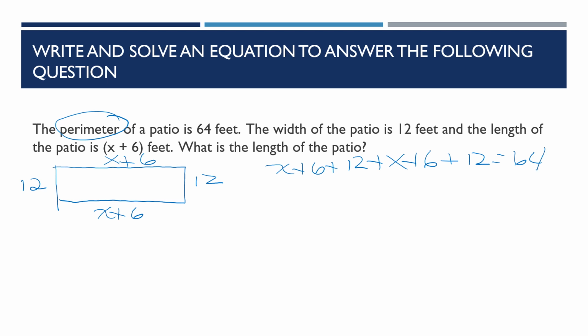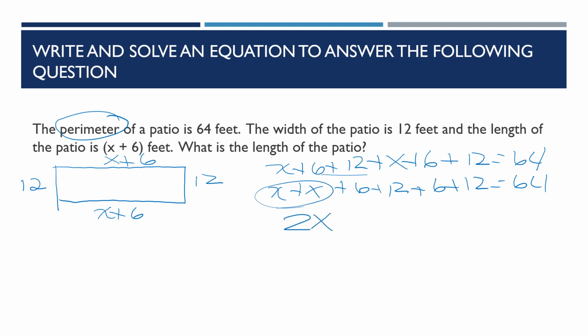And again, I'm going to move things, so I have x plus x plus 6 plus 12 plus 6 plus 12 equals 64. And if I combine my like terms, I'm going to get 2x plus 36 equals 64.